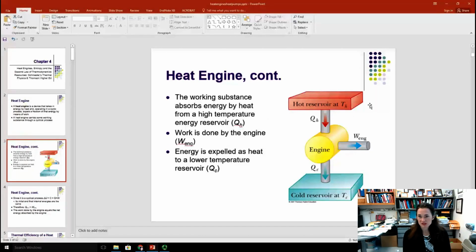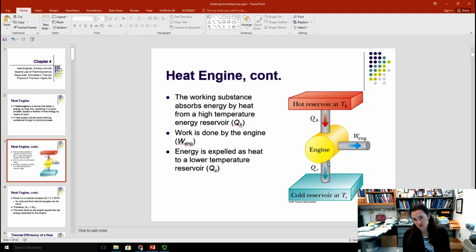Basically, you have a hot reservoir, and it's sitting at some temperature we'll call T sub H, and the engine absorbs that heat energy. You can see that red arrow indicating that the heat energy Q sub H goes into that engine, and then a portion of that heat energy is converted into useful work, the work done by the engine. Okay, so that energy is leaving the engine.